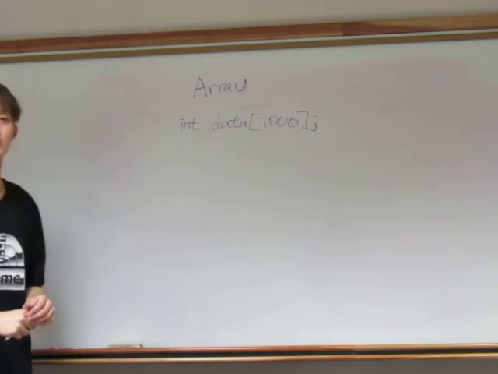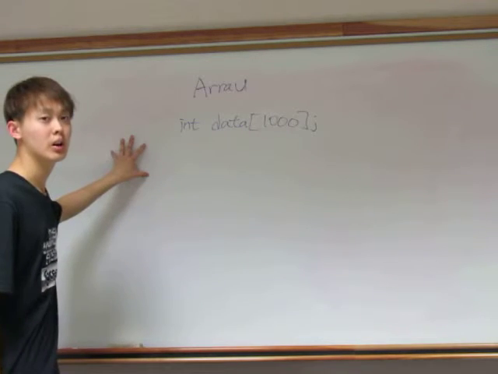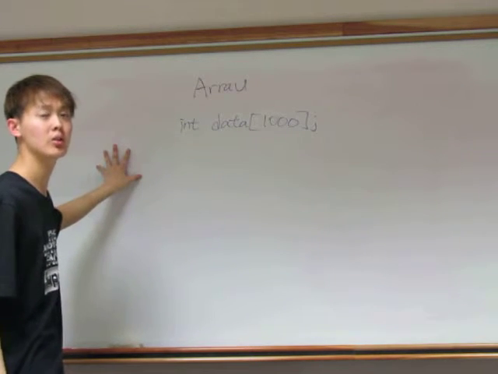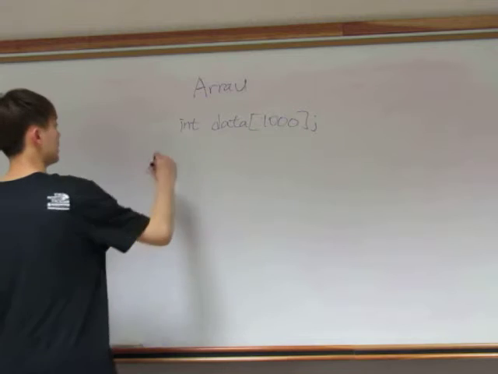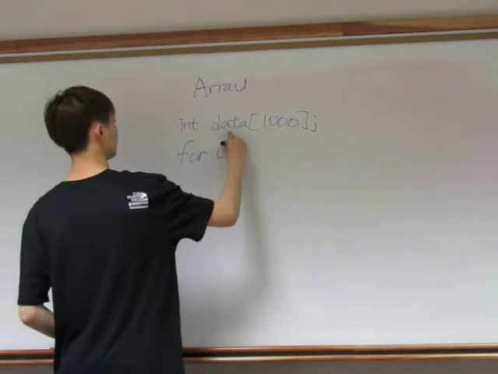How would you read in the values from the user? Always use a loop to change individual elements. So you would use a for loop.